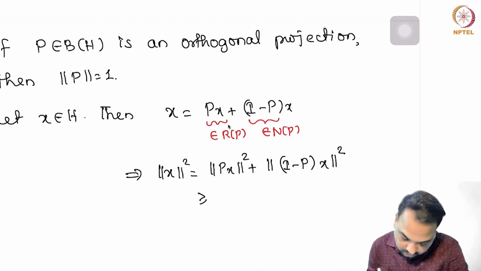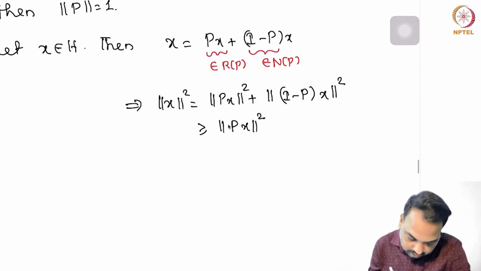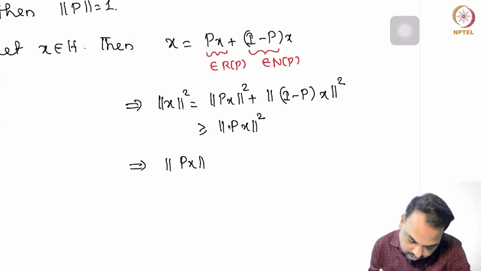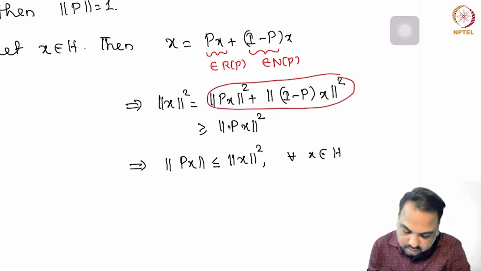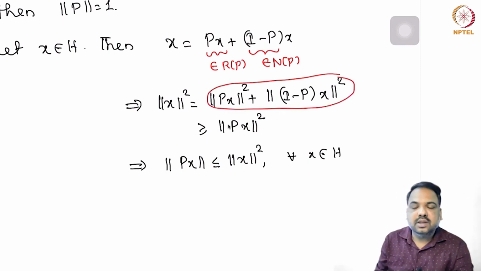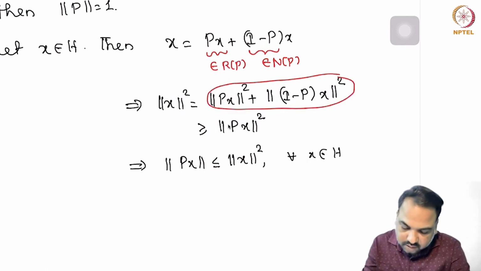So this is bigger than or equal to norm of Px square. So this implies norm of Px square is less than or equal to norm of x square for every x in H. Here we have used the Pythagorean property, because Px and (I minus P)x are orthogonal to each other.